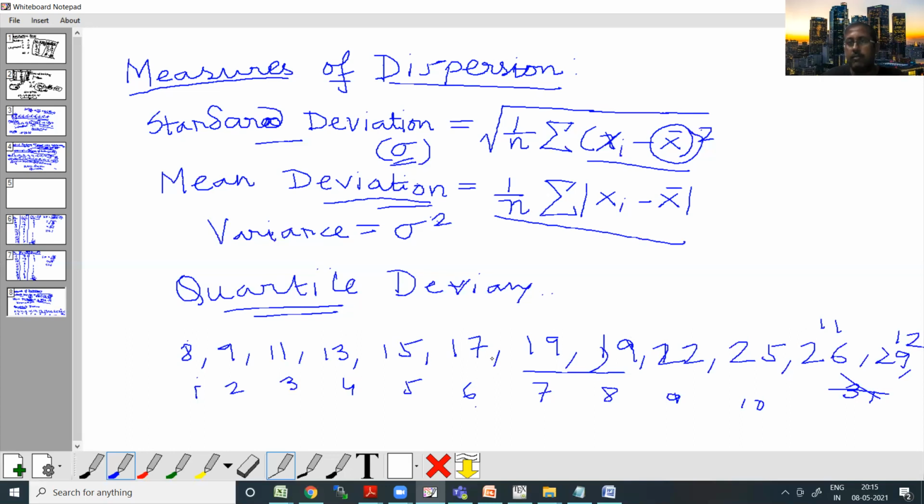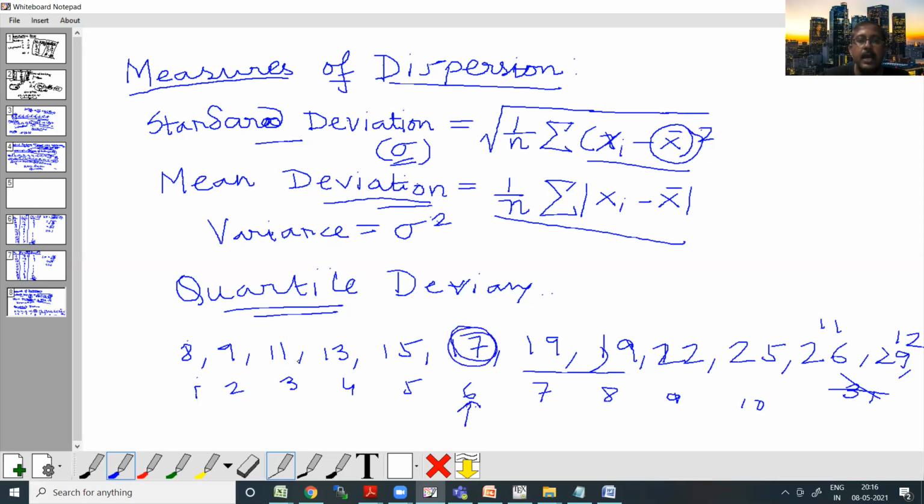Again, we have already had that discussion that if the total number of observations is even, then we need to calculate in one fashion. If it is odd, we have to calculate in a different fashion. So let's not bog our mind into that. Let's just think that the middle value is the sixth value. So this is the median.